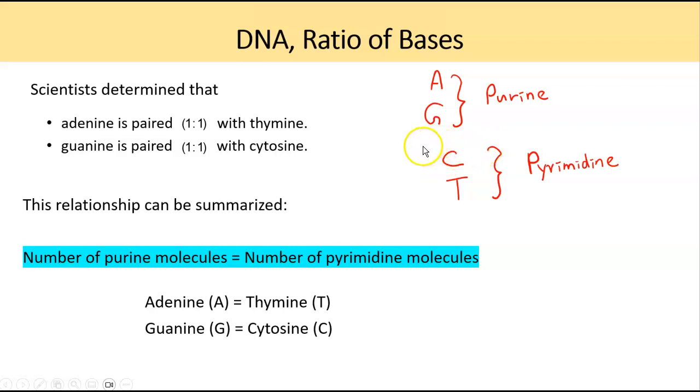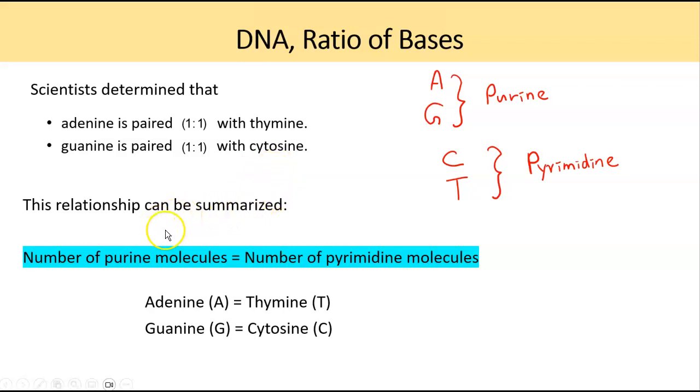They noticed that there is a 1-to-1 ratio of adenine and thymine and a 1-to-1 ratio of guanine and cytosine. 1-to-1 ratio means the bases in these pairs exist in the same amount.